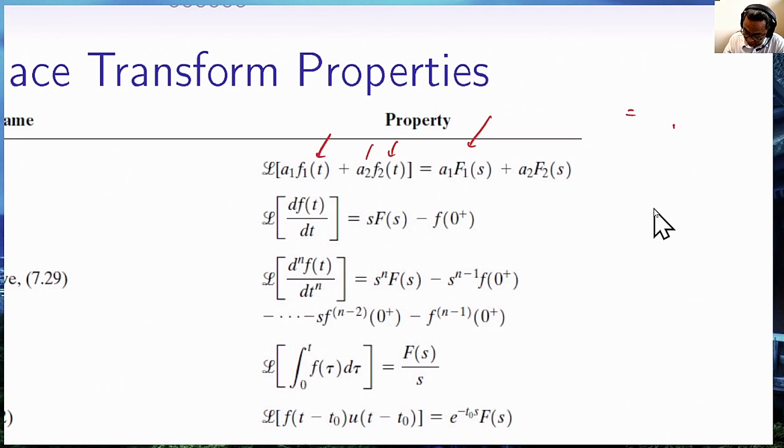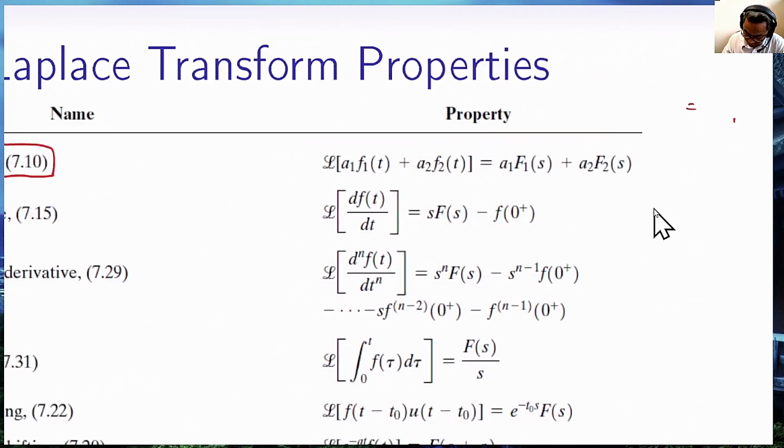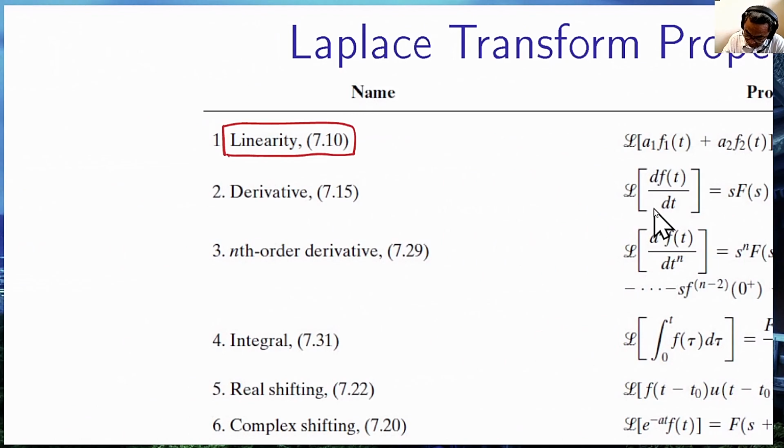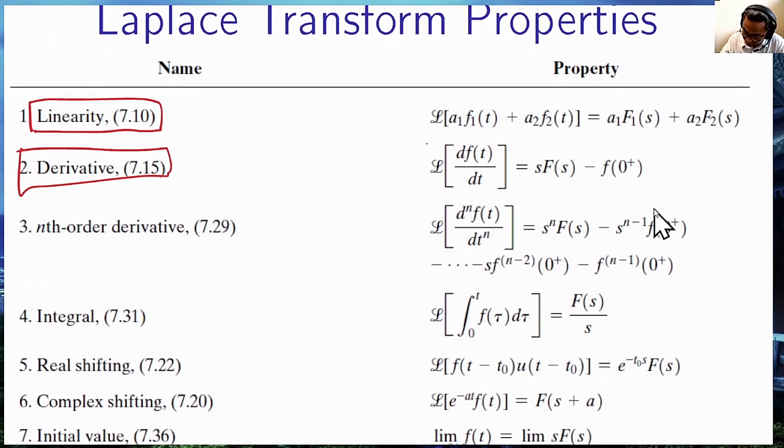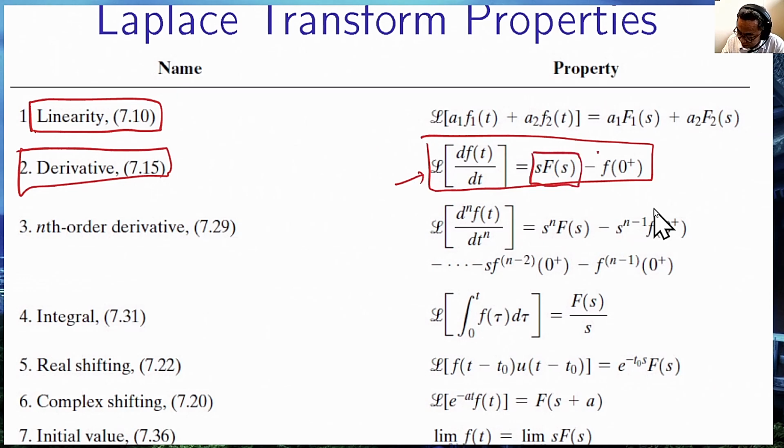Okay, so next we have the time derivative properties. We'll go through some of them, and this is the big idea of time derivative. The Laplace transform of the differentiation of a function is simply sF(s) minus some initial condition, where this is the function itself, and we insert time to be 0, the initial value condition.